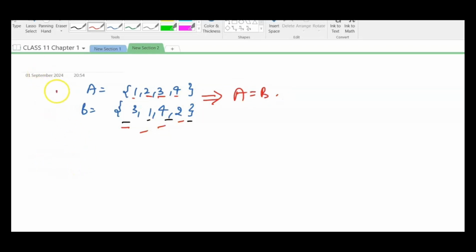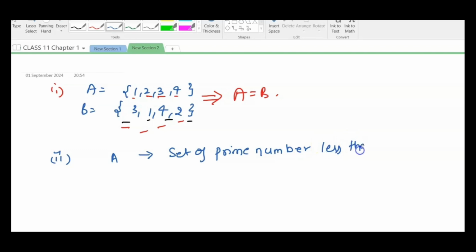Similarly, let's take another example. Suppose we have a set A such that A is the set of prime numbers less than 6 and B is the set of prime factors of 30.